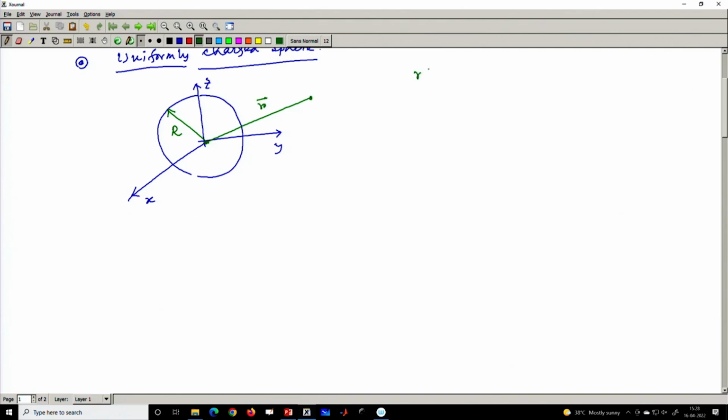So, the condition is r is greater than R. I simply use the Gauss's law that closed integral of E dot ds is equal to q enclosed divided by epsilon 0.